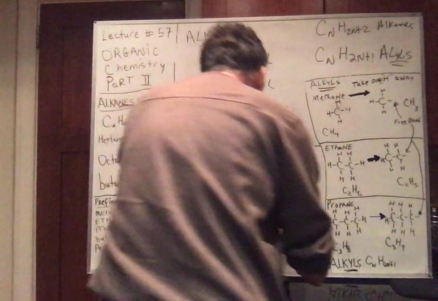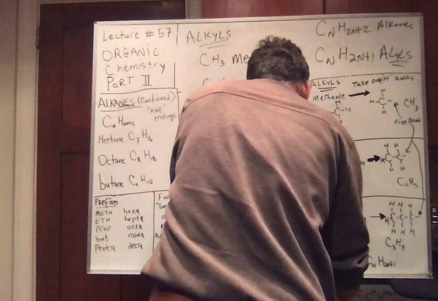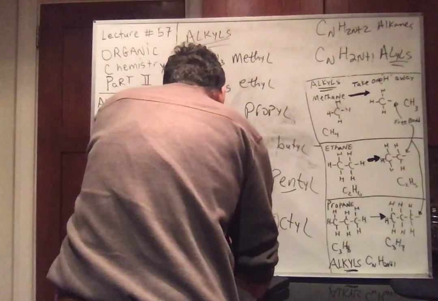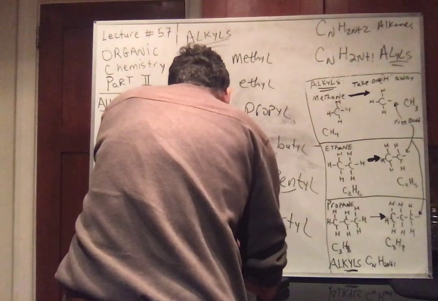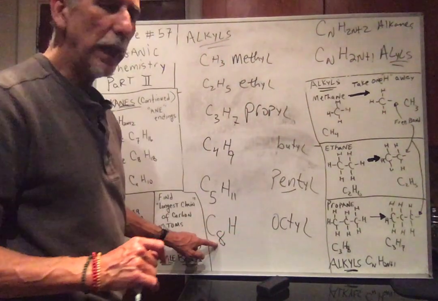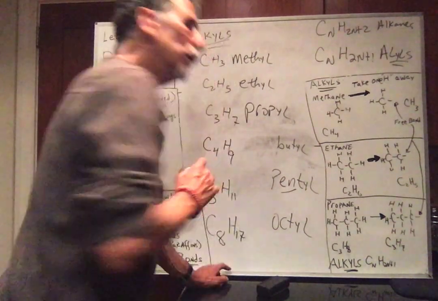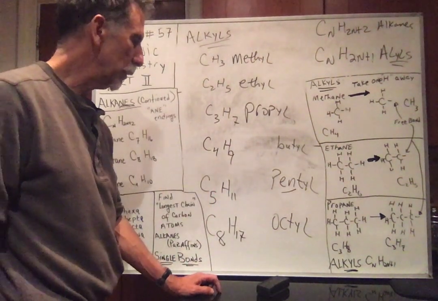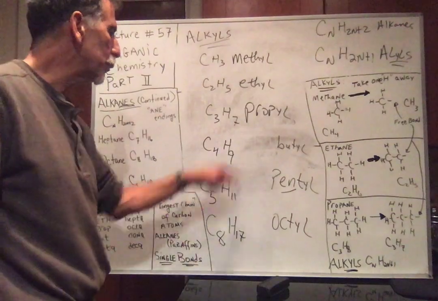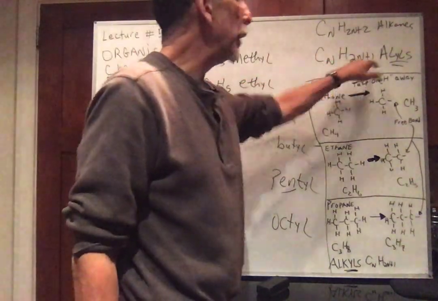What about octyl? Well, that's C8H. 2 times 8 is 16, plus 1 is 17. Okay? So the yl groups have this formula 2n plus 1.